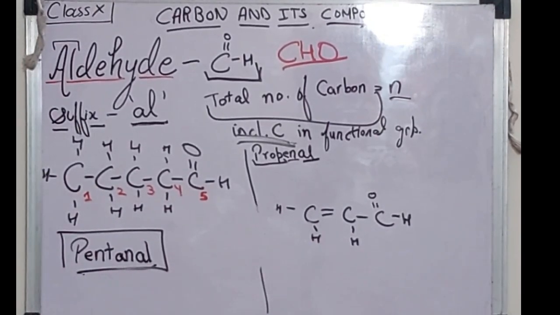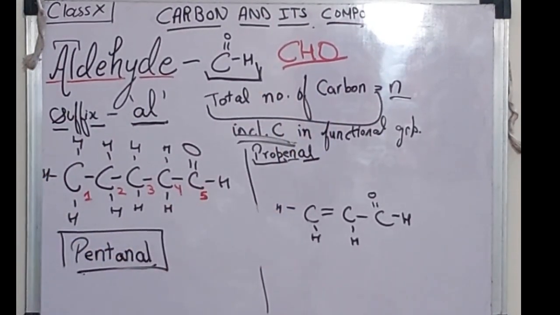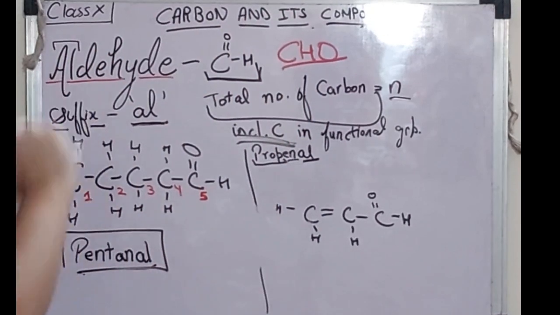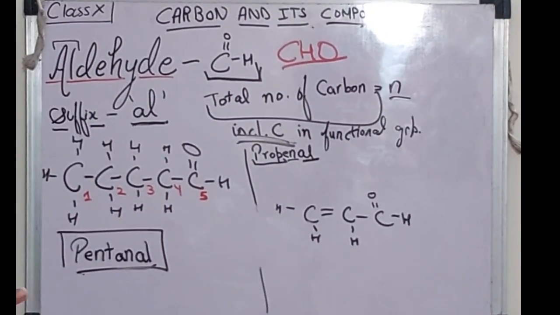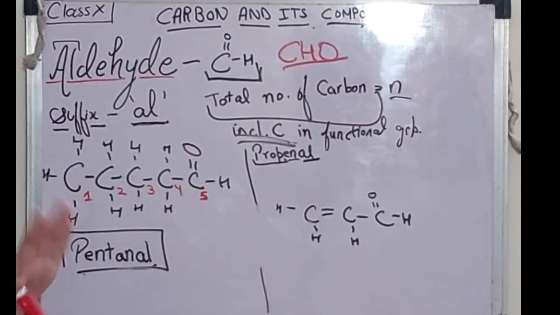There are very rare cases where oxygen makes single bond, and in our chapter basically most of the time in case of functional groups हम यही देखेंगे that oxygen makes the double bond with carbon. So remember CHO means oxygen double bond with carbon and single bond hydrogen. मतलब carbon has double bond oxygen and single bond hydrogen. Okay.